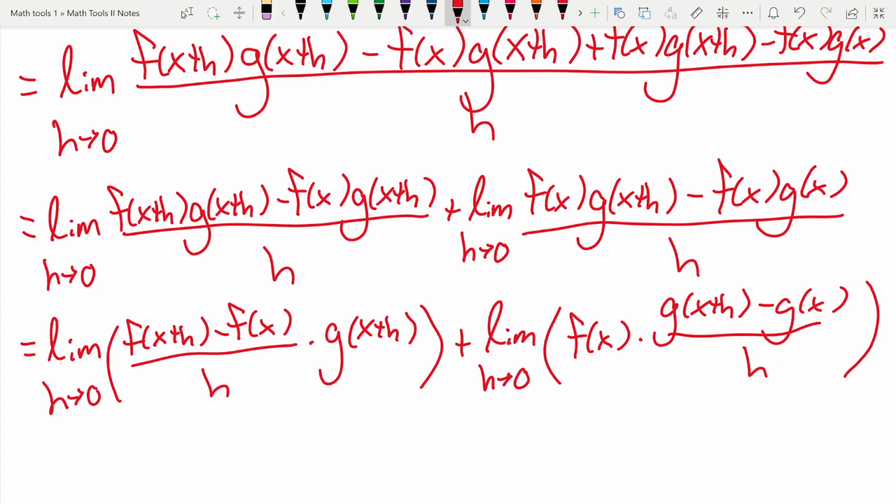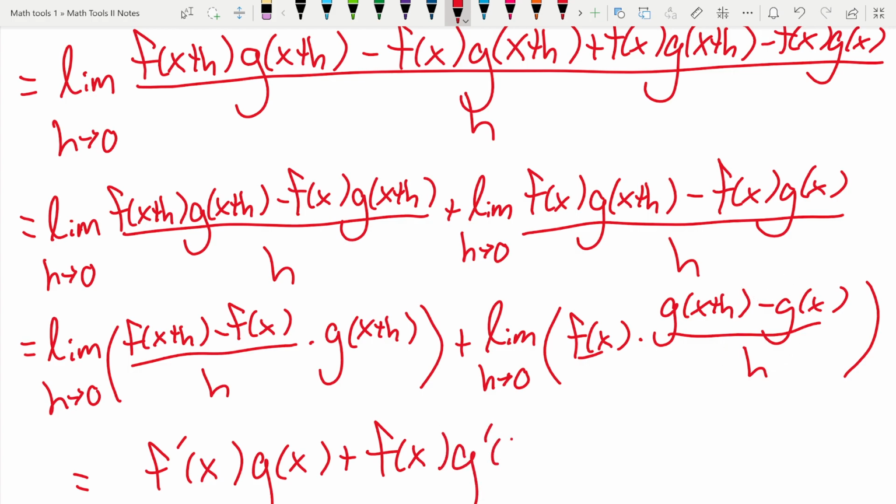So now maybe you can see where this is going, right? This is f prime of x. h goes to 0 on this term, and you just have g of x. This is just f of x, right? There's no h in it. And then this whole thing, the limit of this would be g prime of x.